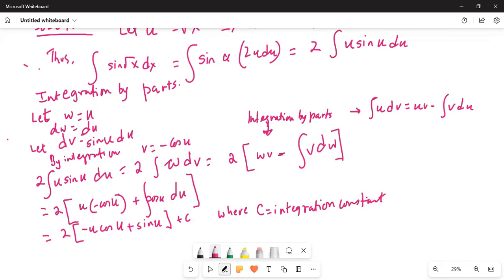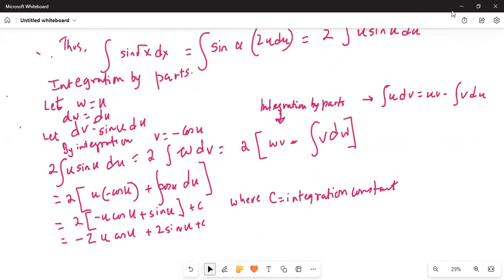So that will be equal to minus 2u cosine u plus 2 sine u plus c. If I move this a little bit up, you will see u itself is square root of x.